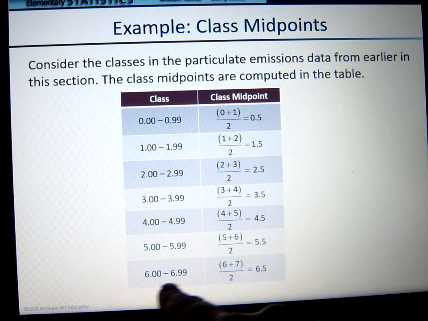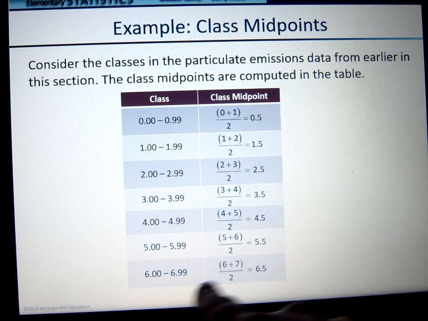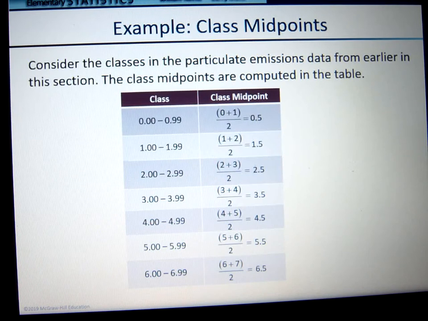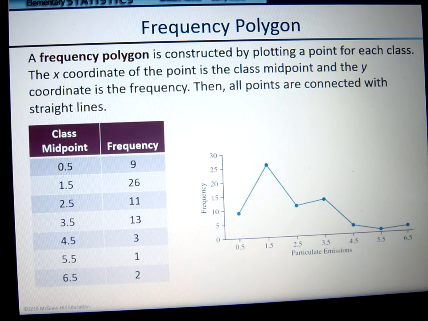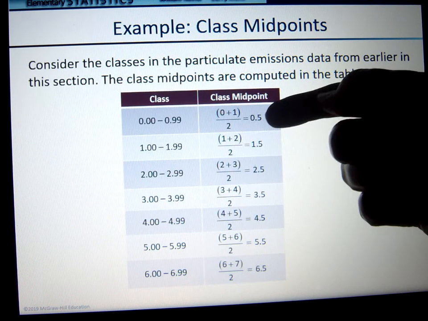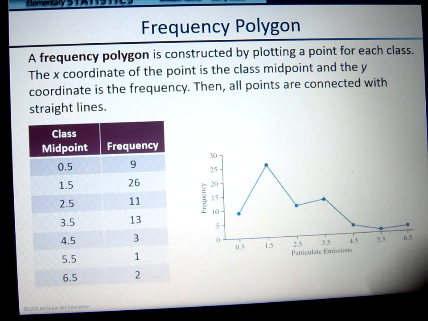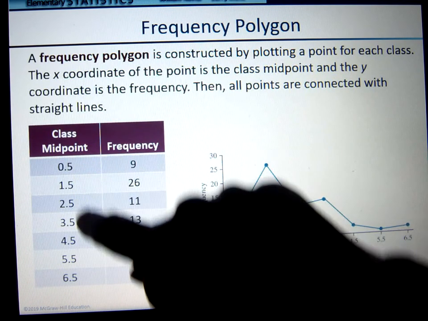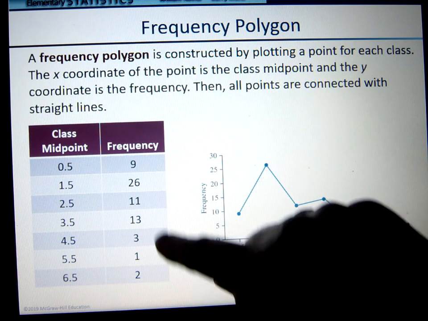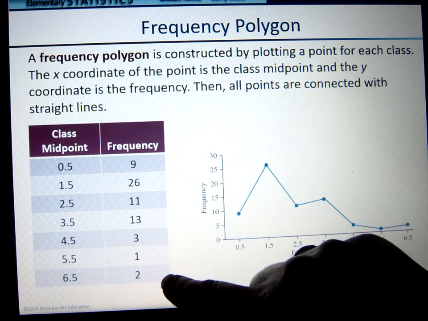You might say, well, I don't have 7 as a lower limit. Well, if we would have another class, it would be the number 7, so we're smart enough to know that we can just use the number 7 there. Once we do this, and we go back and look at these numbers, we have 0.5 clear down through 6.5. These are our midpoints. These are our frequency numbers that did not change. It's the same as before.